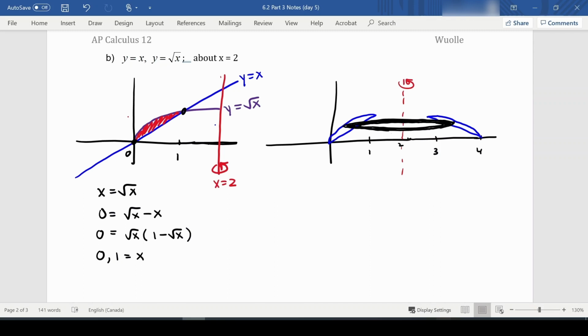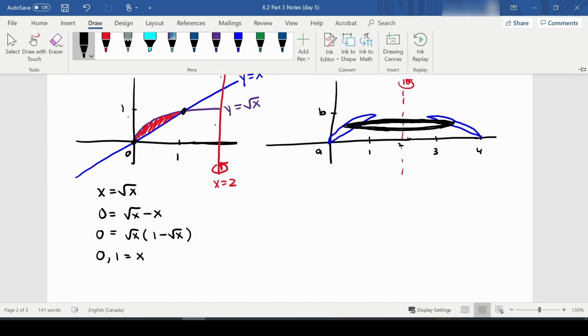So when we're looking at our a and our b, we're starting at a lower bound and ending at an upper bound. Our upper bound here would be 1, because if x is 1, y is 1 for both of these. So we're integrating from 0 to 1. But in this case we have a washer, so we need an inner radius and an outer radius.